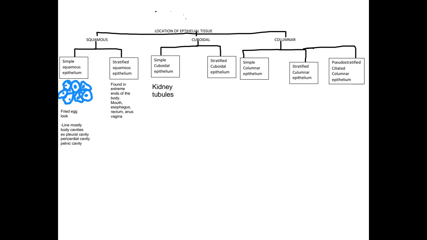Somewhat rare. Found in mammary gland ducts and sweat gland ducts, those tubes that will allow sweat to leave your body. They're lined with the stratified cuboidal.